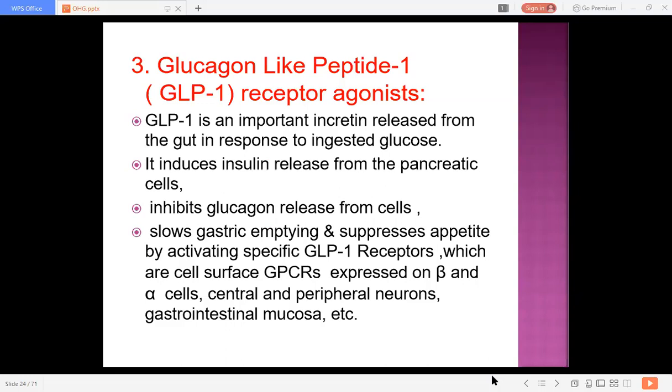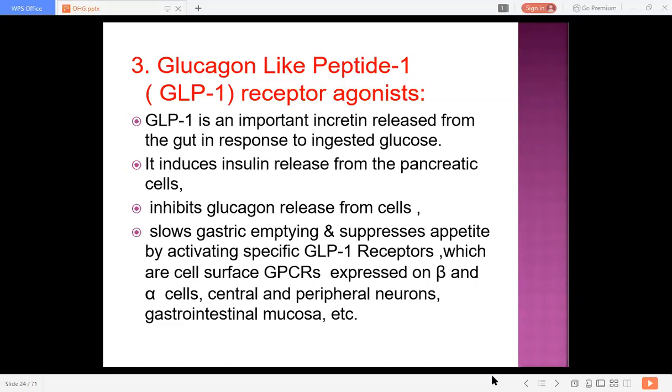Incretins regulate the amount of insulin that is secreted after eating. Both incretins are rapidly deactivated by an enzyme called dipeptidyl peptidase 4.